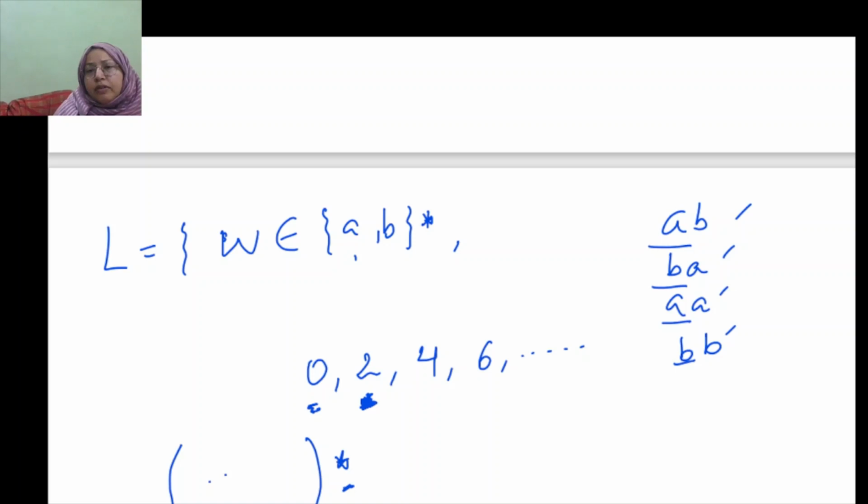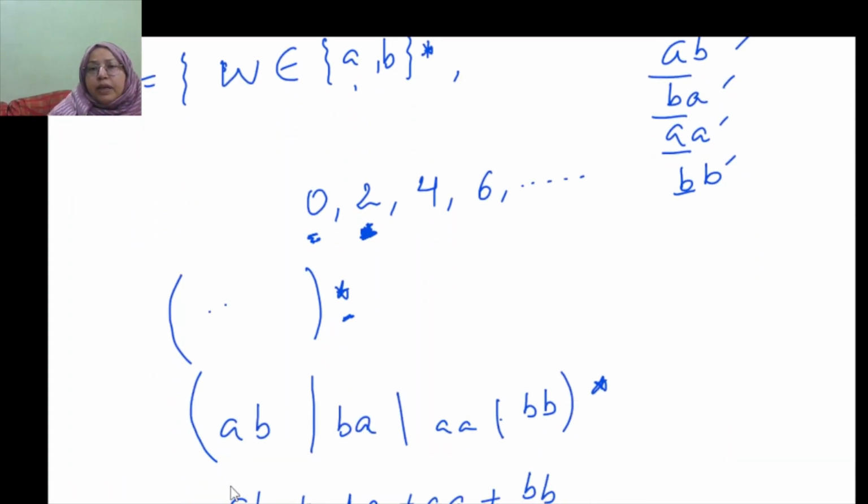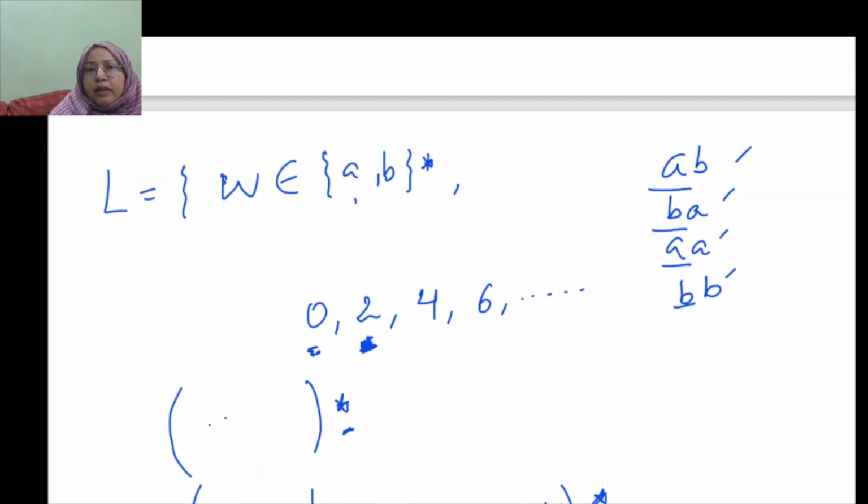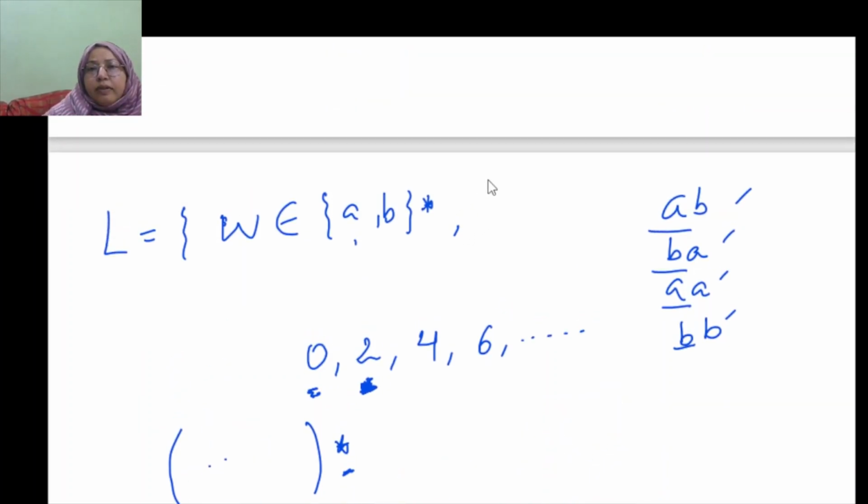In regular expression, we write plus for or. So we write (ab + ba + aa + bb) star. If suppose we do not want any characters, zero appearance of this, we'll take 0. In that case, that is also even, the word length will be even. Suppose we are saying that the word length is even.